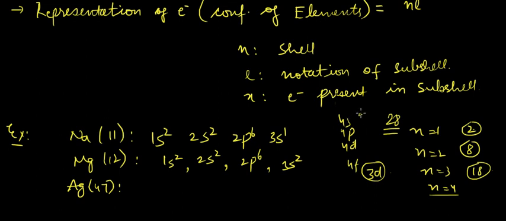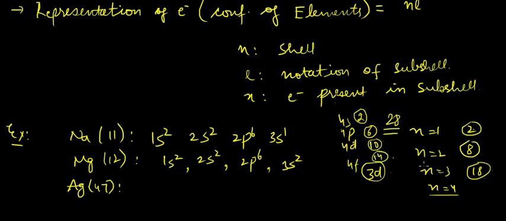In this, 2 would be filled in 4s, 6 in 4p, and 10 in 4d. And for 4f, another 14 electrons will come into the picture.